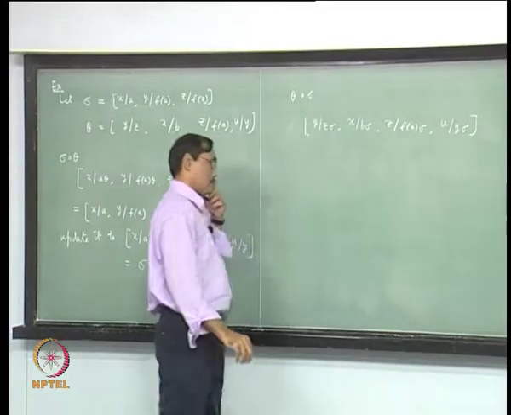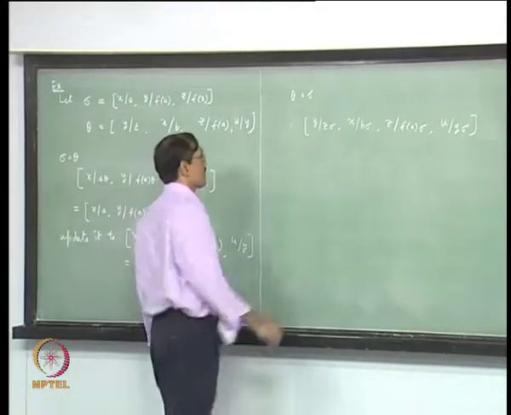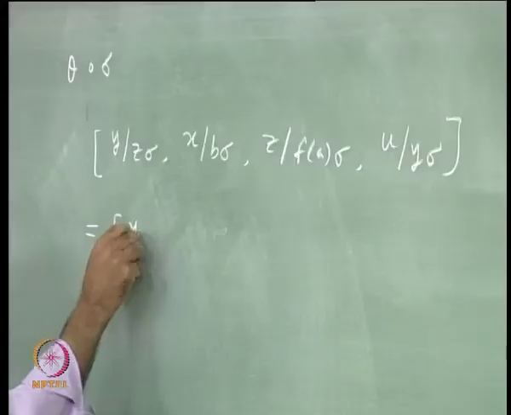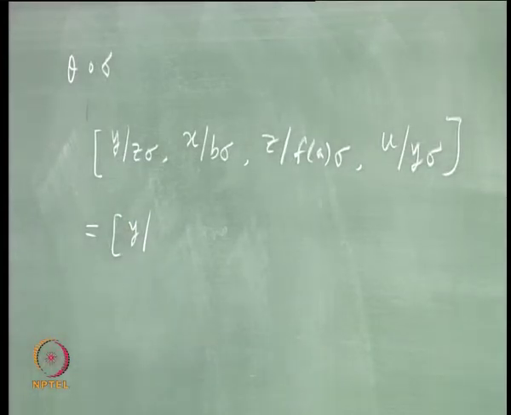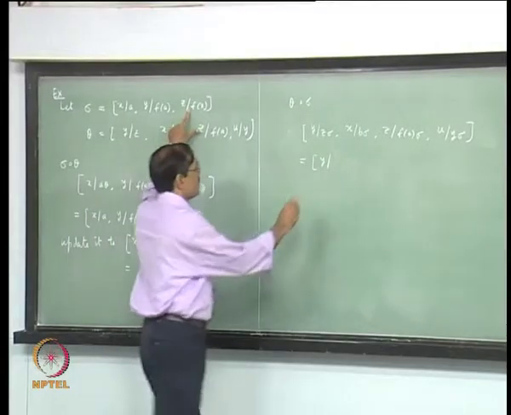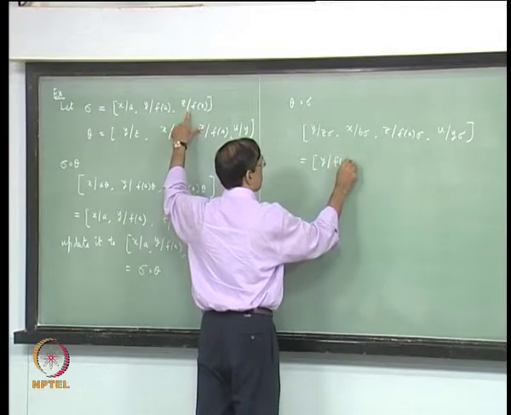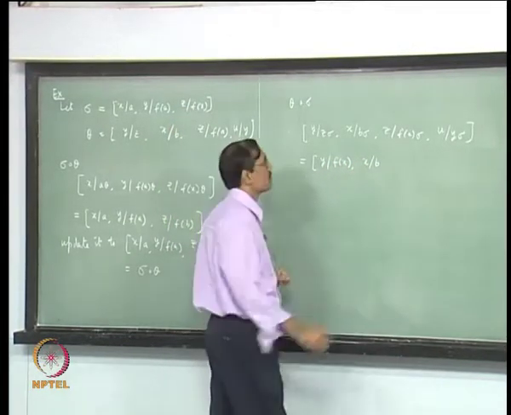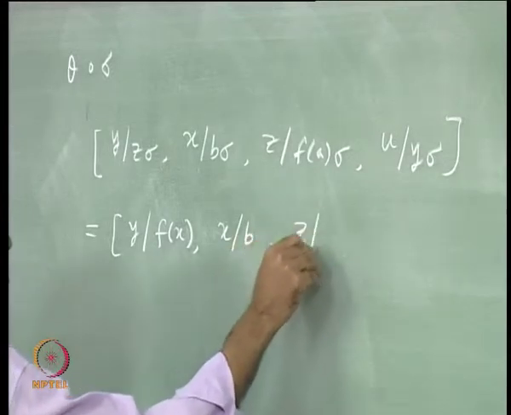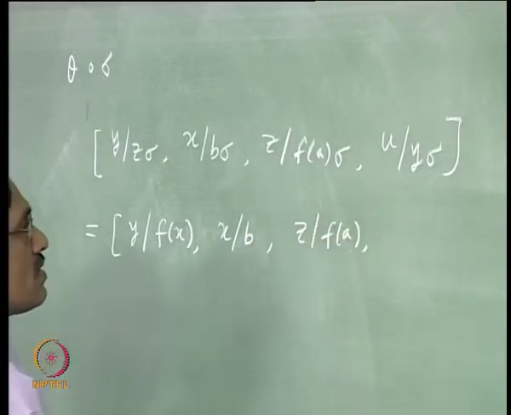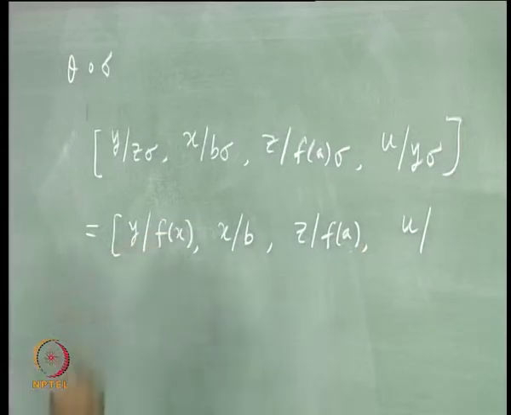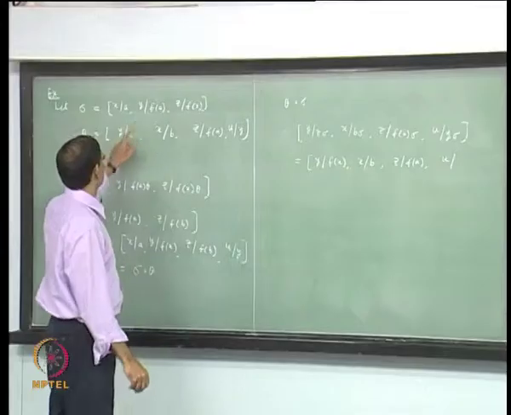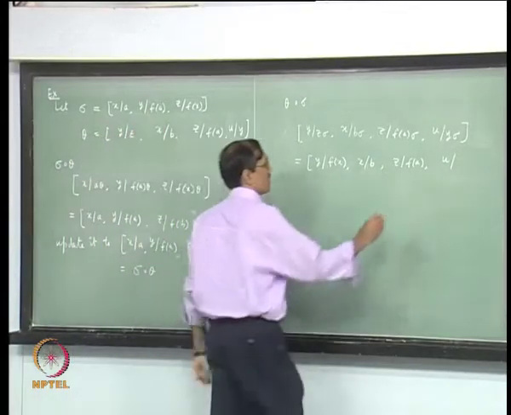Okay. So, this is equal to y by z sigma, which is f of x, x by b, because b is a closed term, z by f of a as it is, and u by y sigma. So, y sigma is f of a.